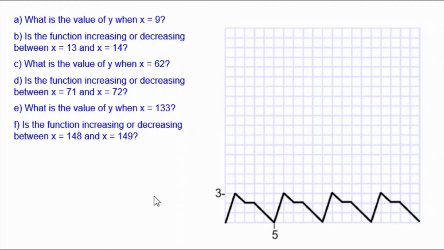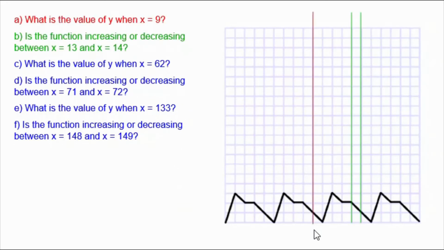The first method that we will talk about in this video is by drawing the graph yourself, but drawing it bigger. So we can see that the value of y when x equals 9 is the value of y when our periodic function passes through this red line that I have added to the graph. The value of y is 1.